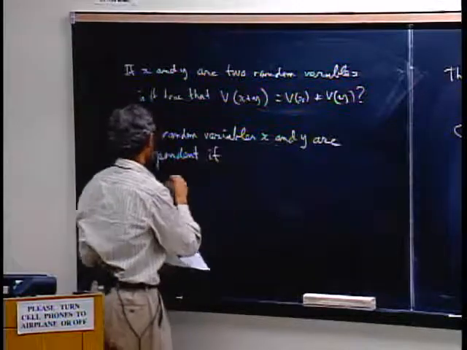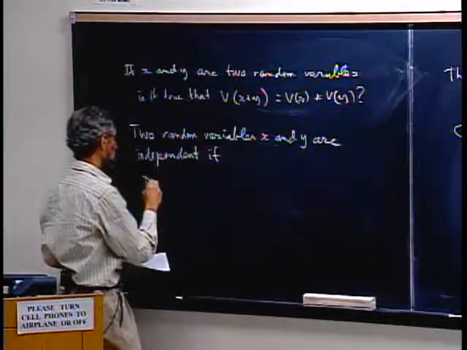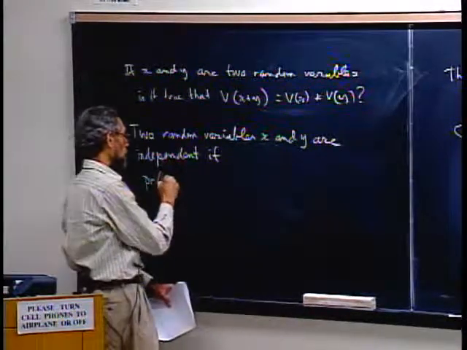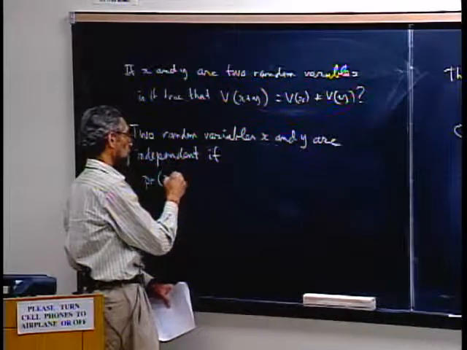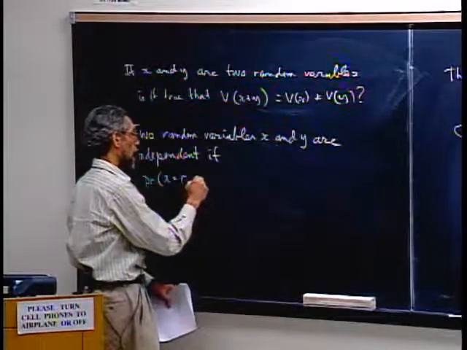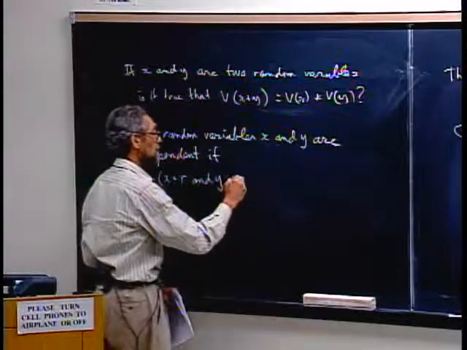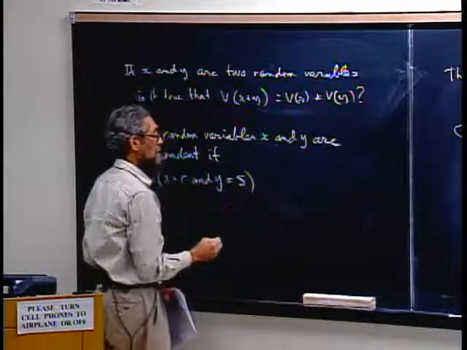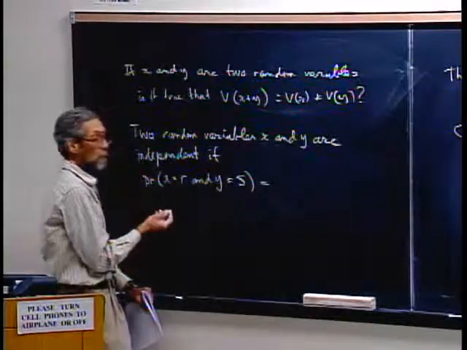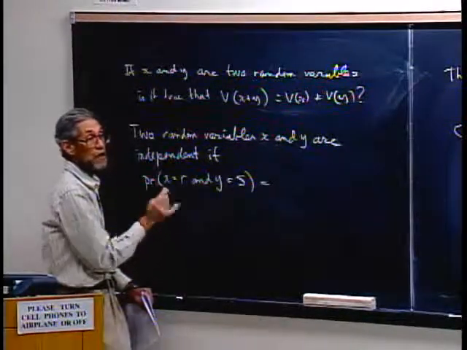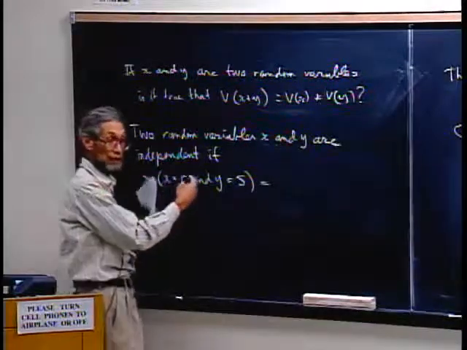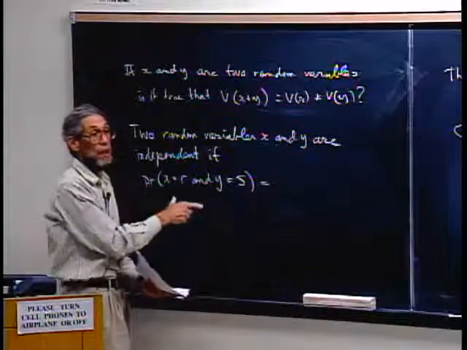If the probability, let me write it like this. I'm going to list the event inside by writing out x is equal to some value r and y is equal to another value s. If that probability, right, so we do the experiment. Remember I said an event could be odd or even or anything. I can classify the outcome of the experiment into these events.